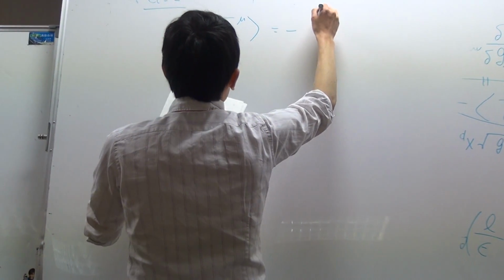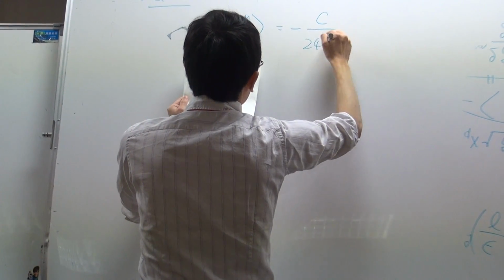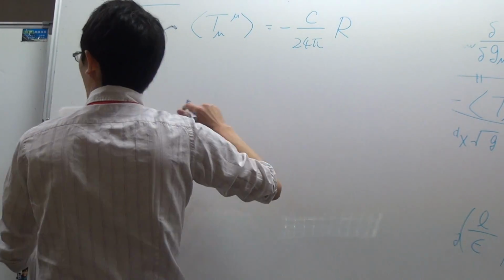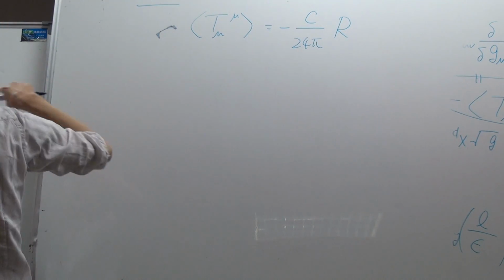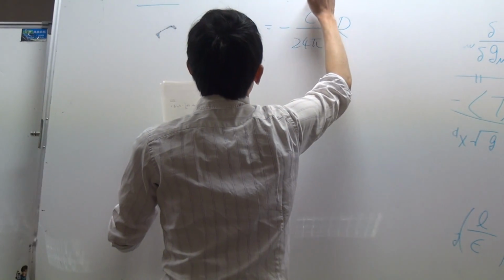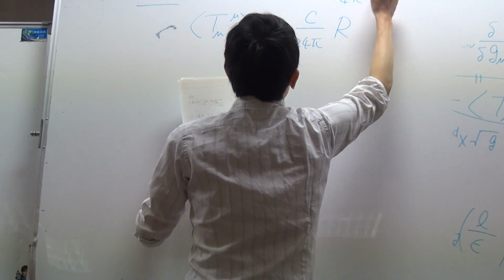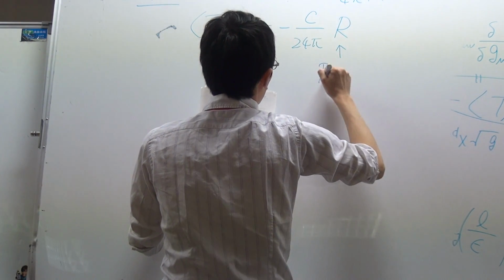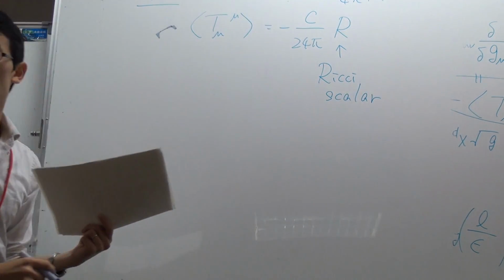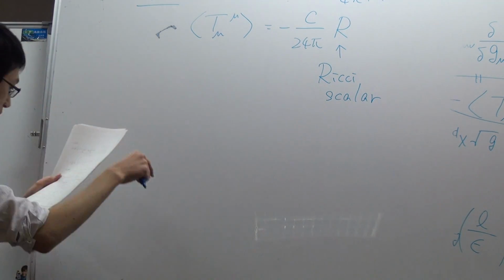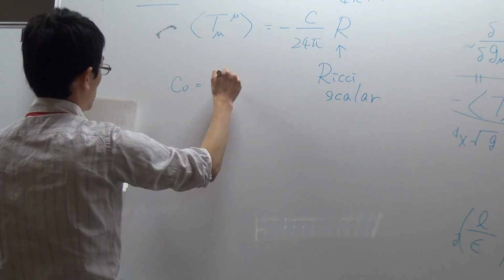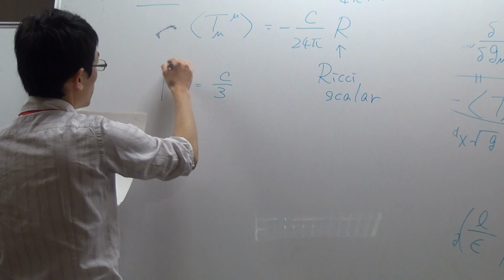So the stress tensor is given by C times R. I will rewrite A as C here. E_2 is 1 over 4 pi times R, where R is the Ricci scalar. So this is the conformal anomaly in two dimensions, and we see that c_naught is equal to c over 3 in two dimensions.